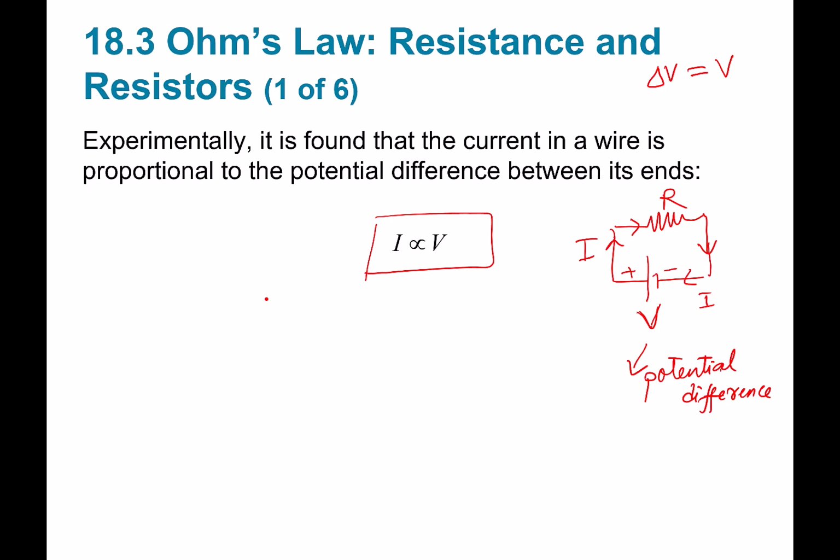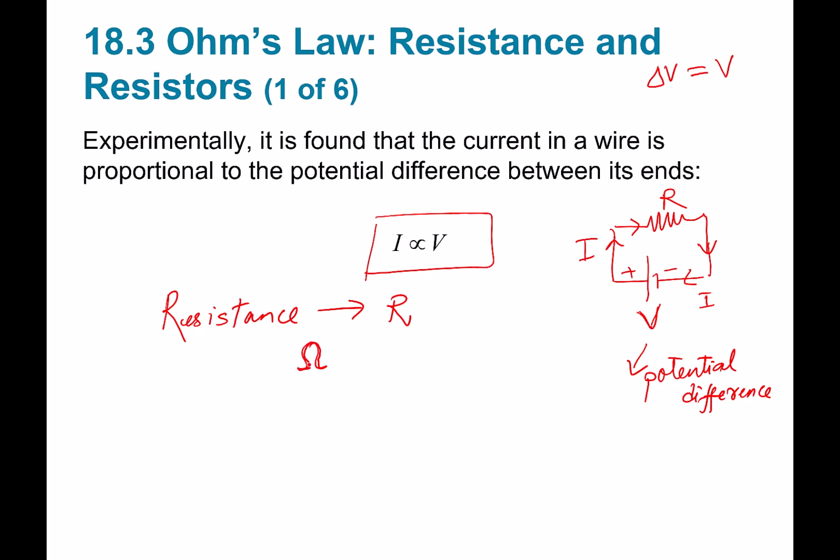So electron flow is impeded because of collisions with the atoms of the wire, and this impediment of motion of electrons through the wire is called resistance, and the resistance is symbolically represented by R, and the unit of electrical resistance is ohm.